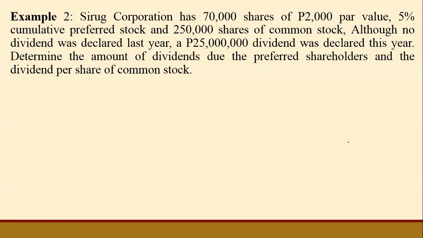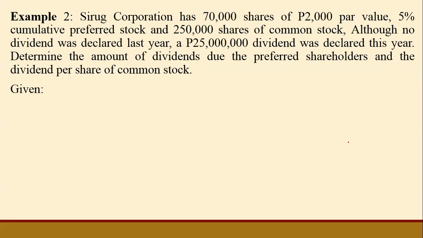Okay, so for our solution, take note that preferred stock is cumulative, alright? So yung preferred stock natin ay cumulative and the company did not pay a dividend in the previous year. Diba? So sabi dito, no dividend was declared last year. Okay, so the preferred shareholders are entitled to the dividend in arrears and the dividend for the current period.